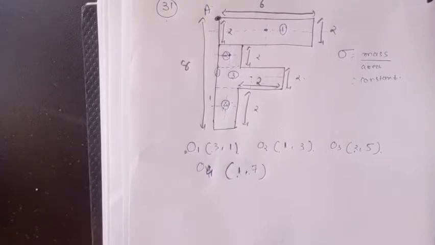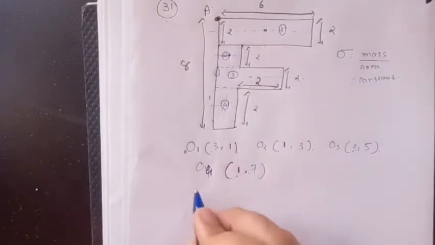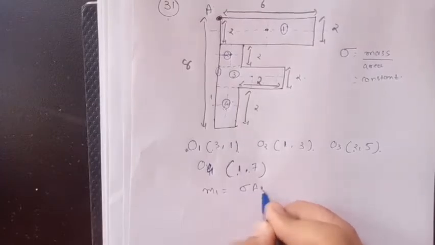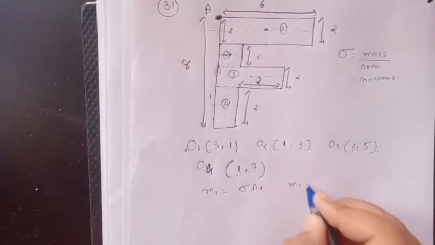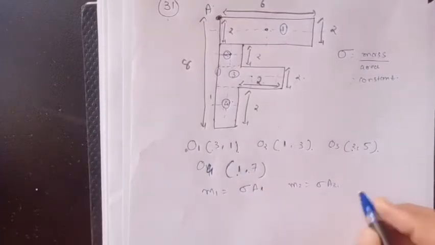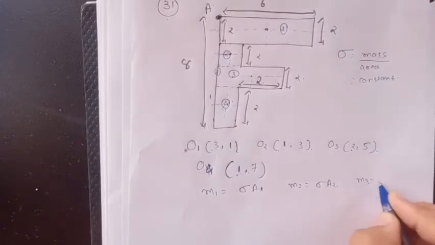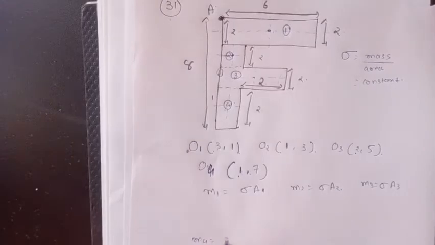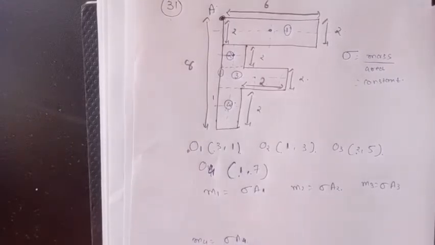Now we want to find the mass of each component. m1 is equal to sigma into a1, m2 is equal to sigma into a2, m3 is equal to sigma into a3, and m4 is equal to sigma into a4.